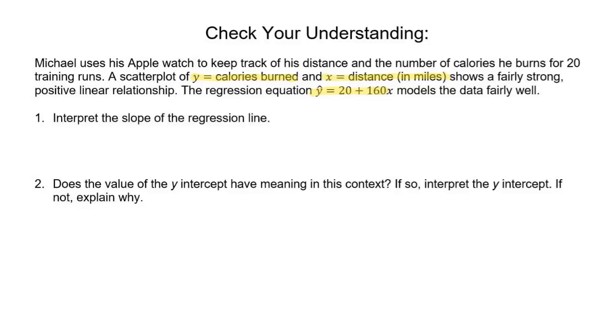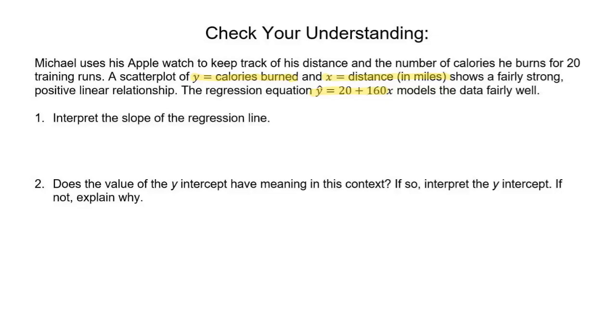All right, let's interpret the slope of the regression line. What is the slope? 160. And slope is always talking about a rate of change. It's the change in y over the change in x. This has been written as a whole number, so what is the denominator on this? 1. And that's my change in x. What is my x variable measuring? The distance ran in miles. So for every additional what?